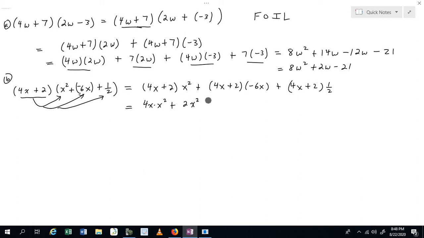Now distribute here, and so you have 4x times negative 6x plus negative 6x times 2. And then the last one we have to distribute is this 1/2 to there and to there. So 1/2 times 4x, and then 1/2 times 2.